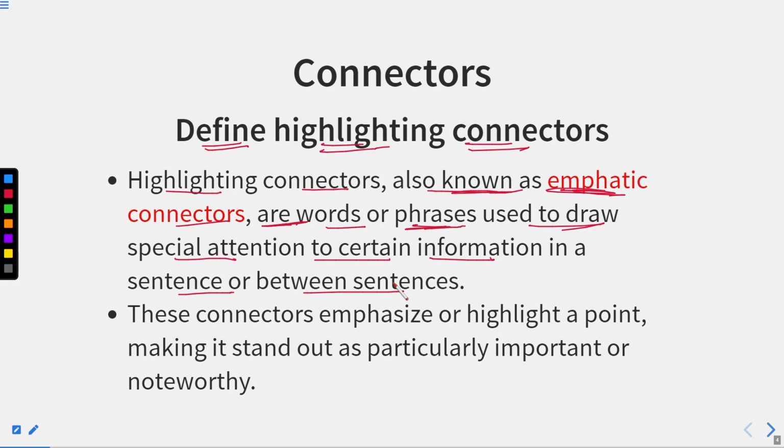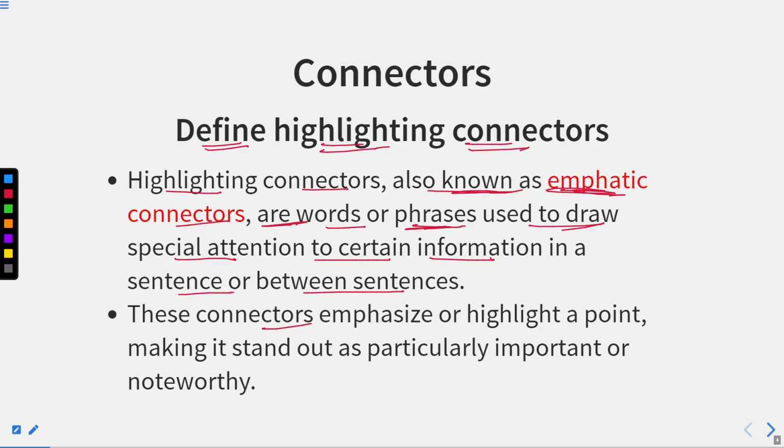Now, if we are using a highlighting connector, it means we want to draw special attention that this is something important or special which is mentioned in this sentence. We want to draw the attention of everyone towards the information introduced by this highlighting connector, because it is something important.